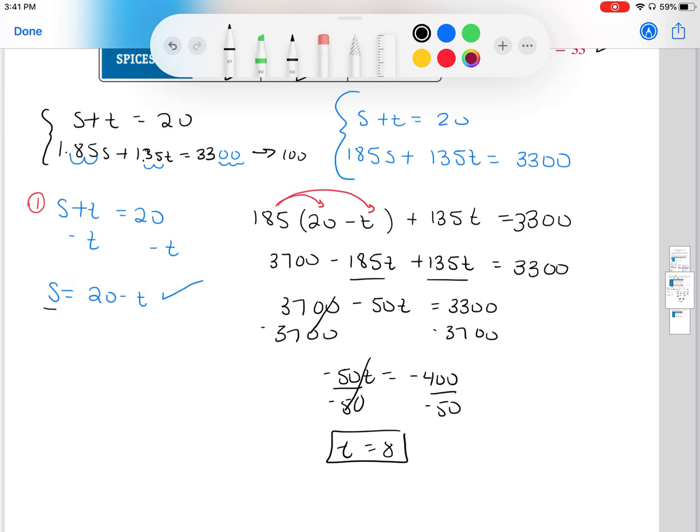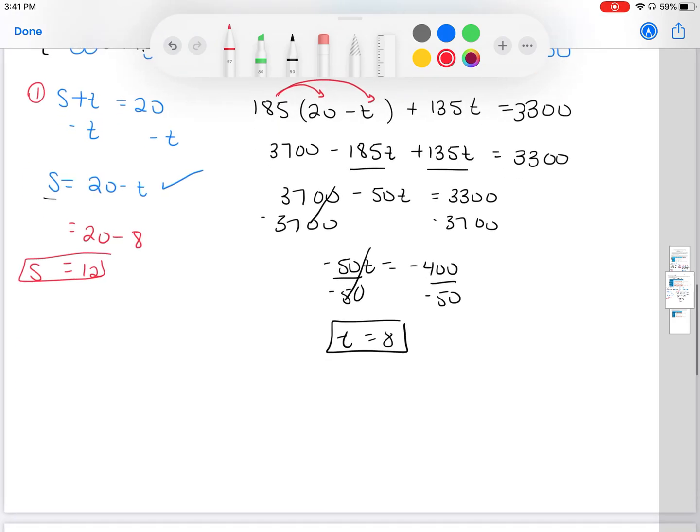All right, so we know we're going to get 8 ounces of turmeric. Lastly, we plug it into our equation. 20 minus t, t is 8. We get s is equal to 12. All right, let's answer our question.